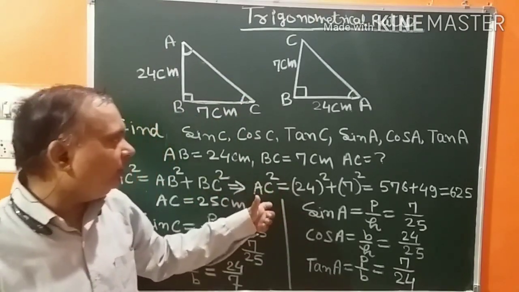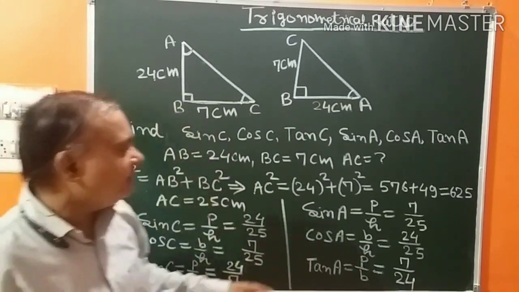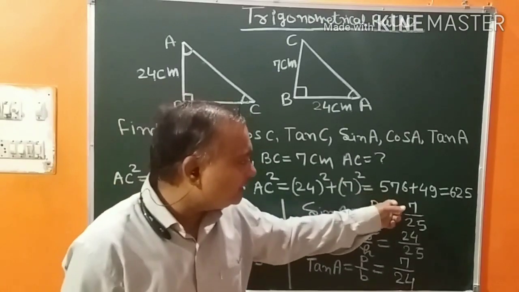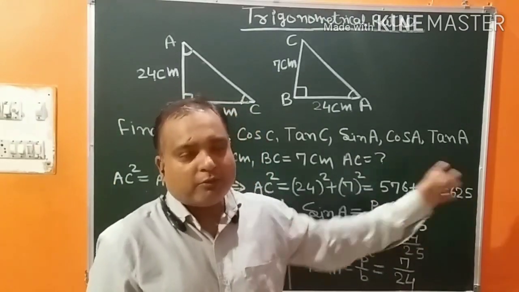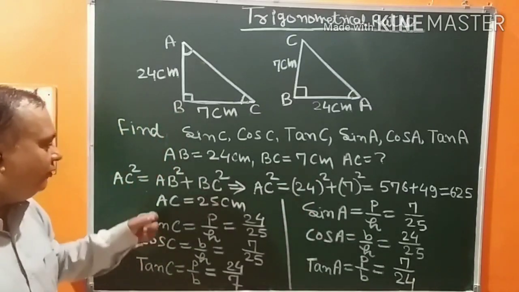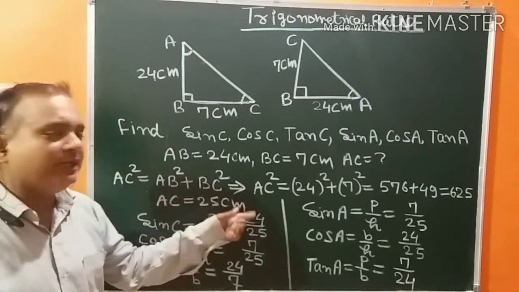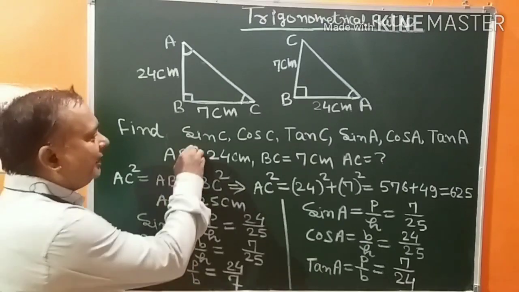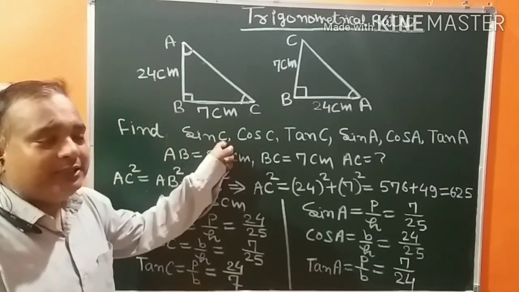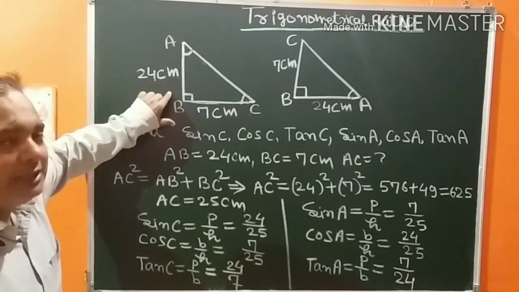So AC square equal to, putting the values of AB and BC, 24 square plus 7 square, that is 576 plus 49. AC square equal to 625, and when we take the square root, the value of AC will be 25 centimeter. Now we have to find the value of sin C. One thing to remember, here the angle is C, so we will consider this diagram.